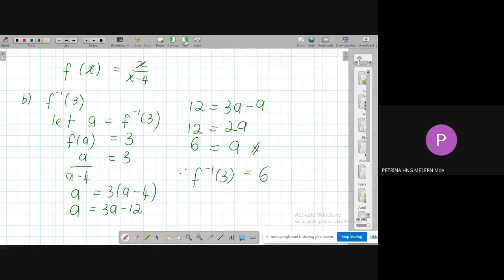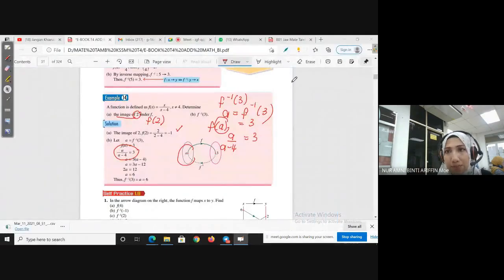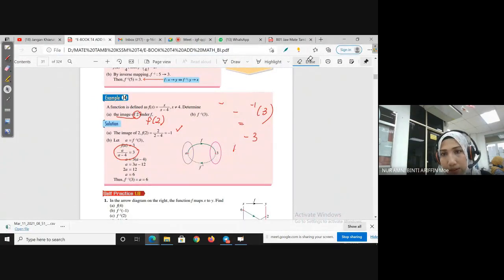Tak faham? Let. You just gantikan je. Katrina, tengok sini ya. Let A become f inverse. Okay, perhatikan dekat sini. Look at here. Tadi boleh faham Katrina ni. Tengok sini. Okay. A, 3. You nampak tak apa maksud dekat sini?